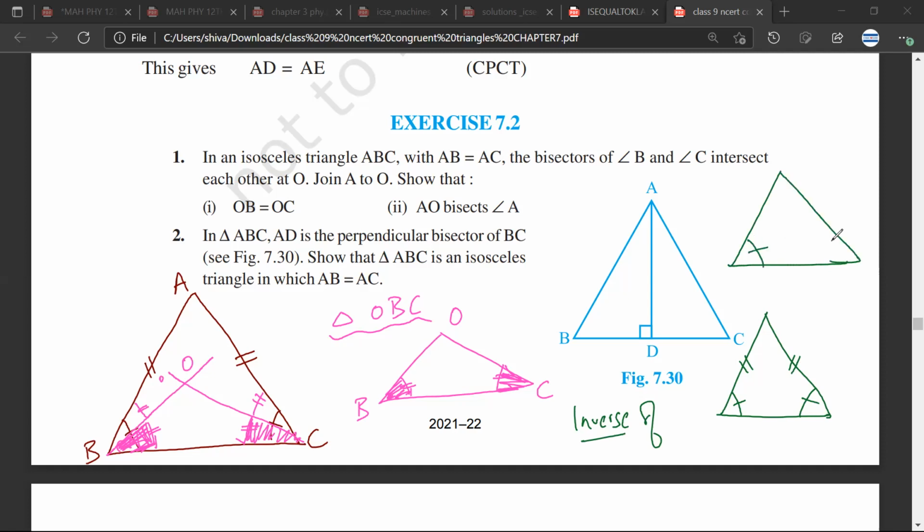That if this angle is equal to this angle, then this side would be equal to this side. Sarthak, have you understood? Yes, sir. Now, because this angle is equal to this angle, I am taking the inverse, which says that this side would be equal to this side. Any doubt? No, sir.